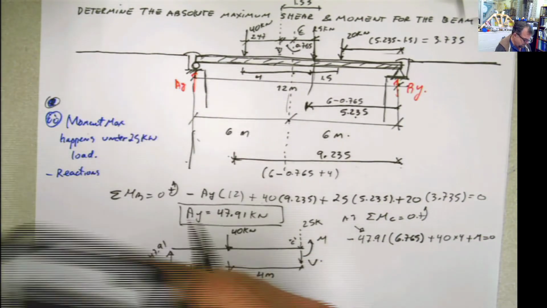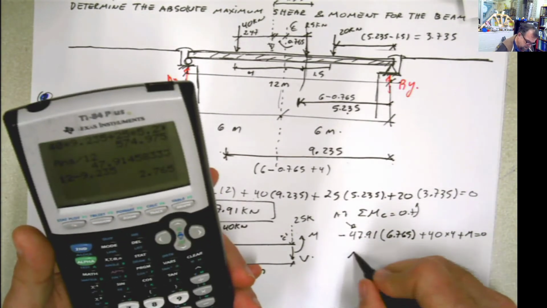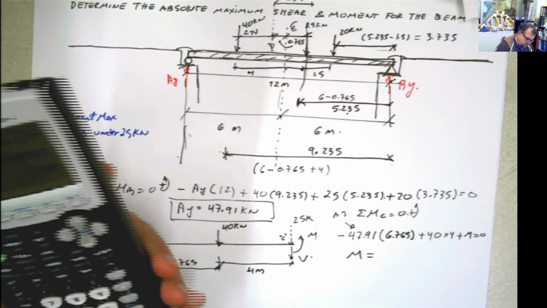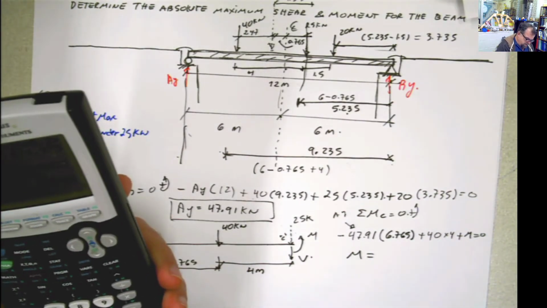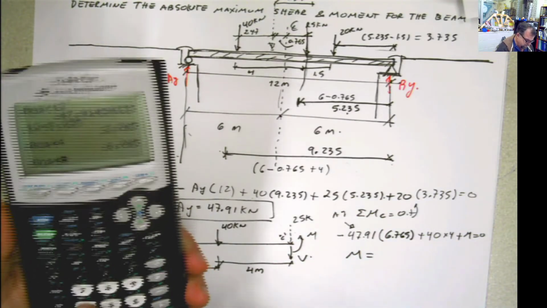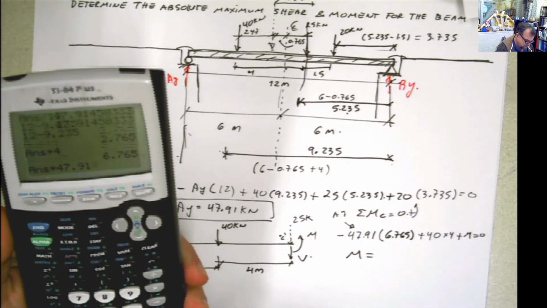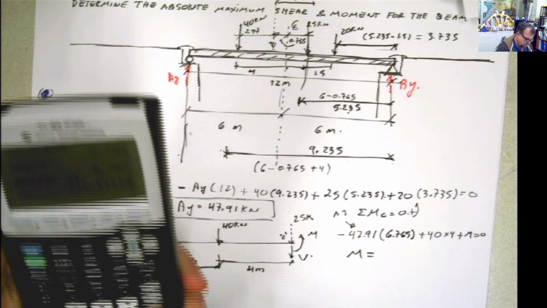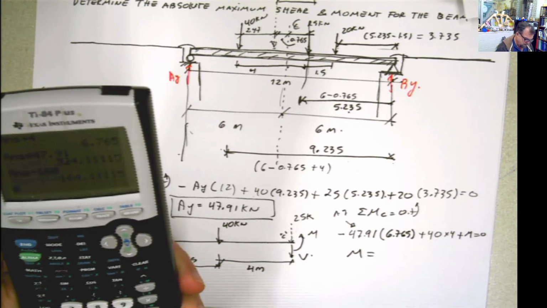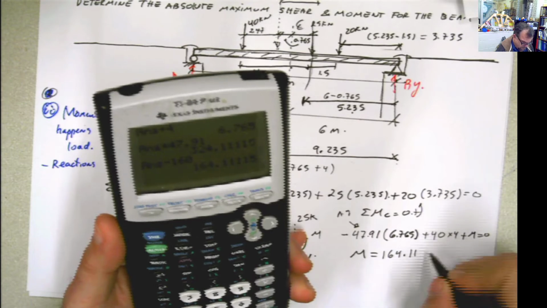M equals 47.91 times 6.765 minus 160 equals 164.11, oh my.